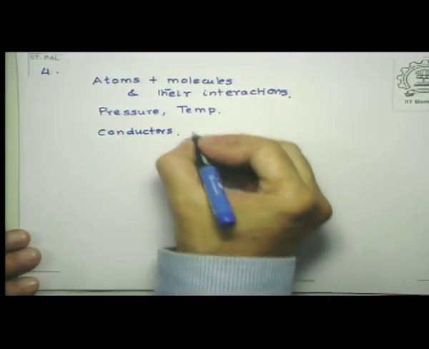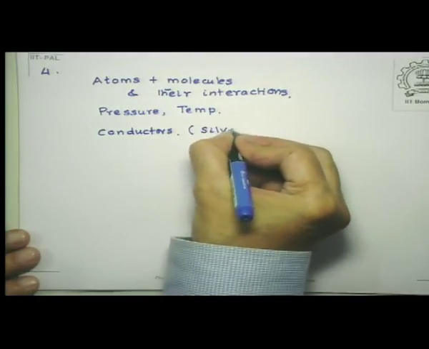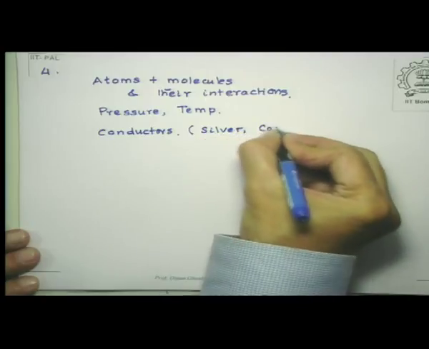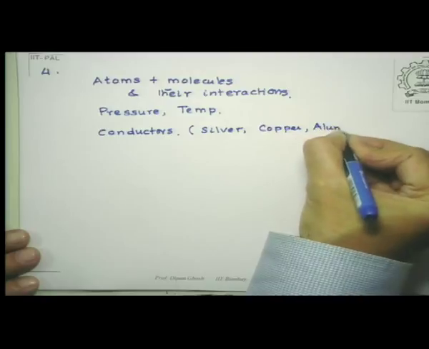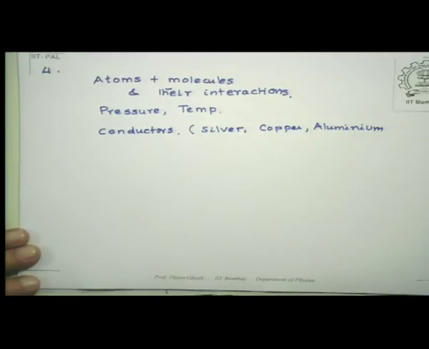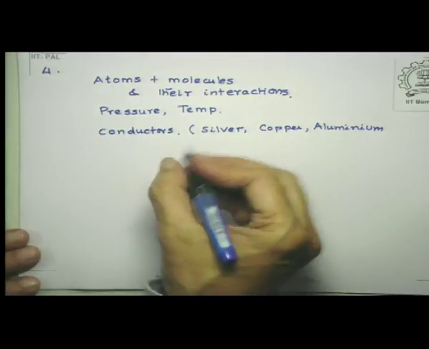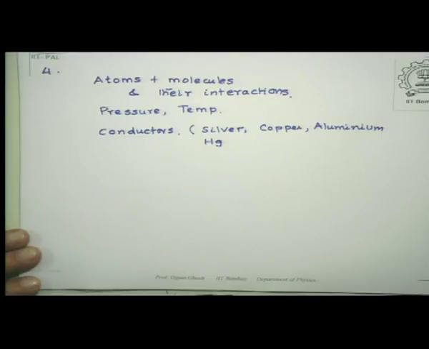These are typically substances such as silver, copper, aluminum, etc., mostly in solid state, but of course you also have mercury, which at normal temperature is a liquid and is an exception.